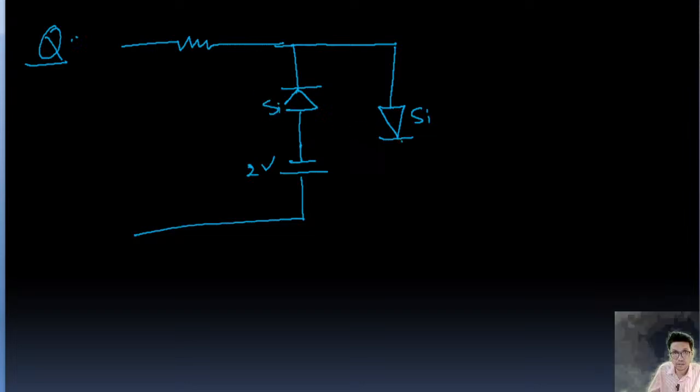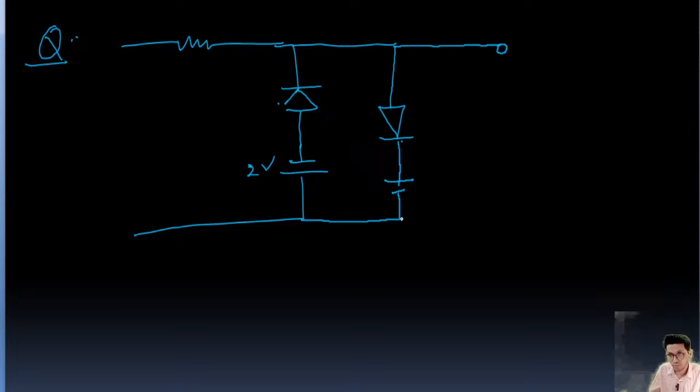No, this is not silicon diode. This is diode. Silicon diode is in next question. Okay, so this is diode, and this is the volt. And this is the output, V output. Okay, and this is resistance R.